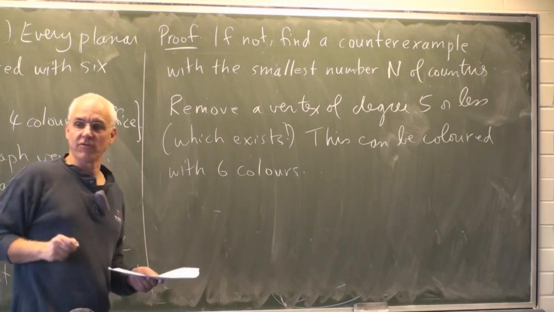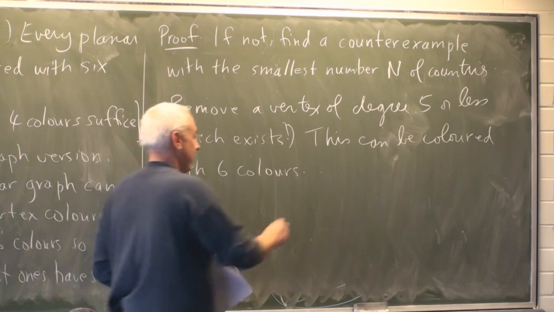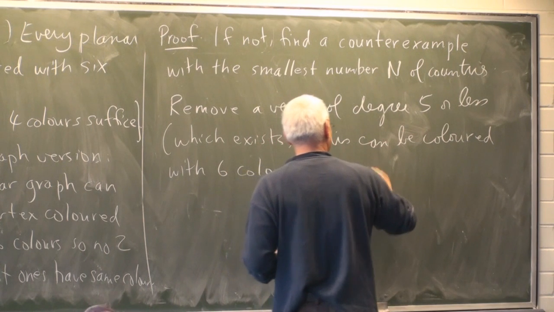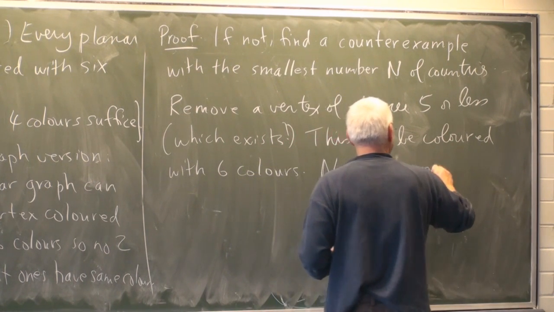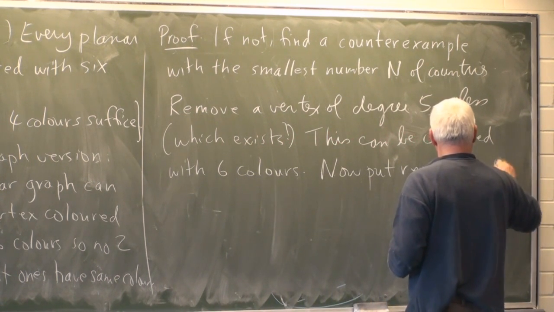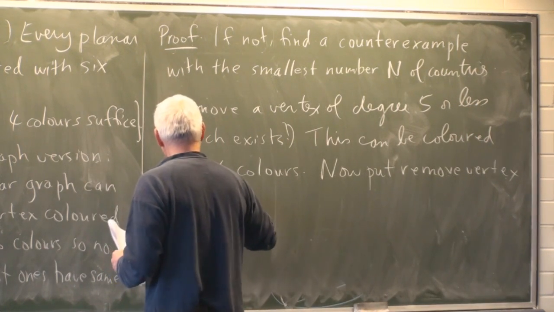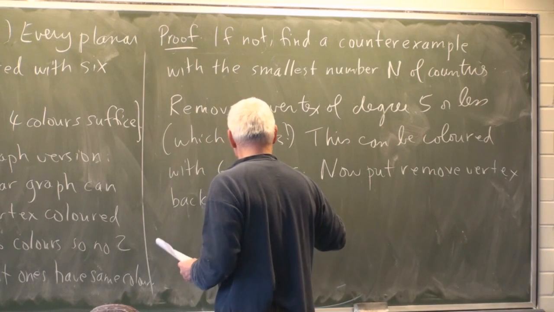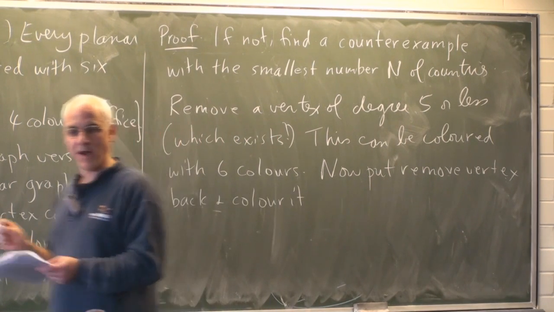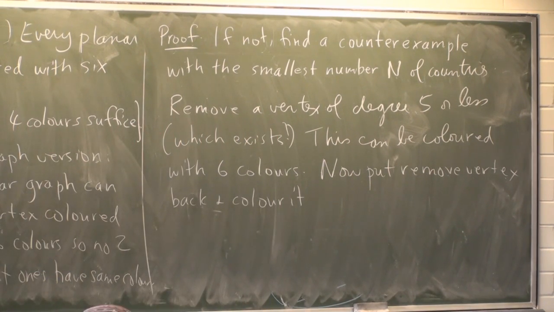And now we put the removed vertex back and color it with what? Well, it's only connecting to at most 5 of the other countries.